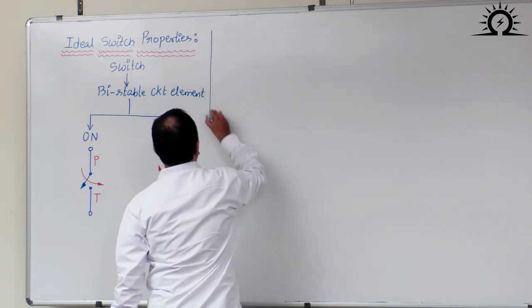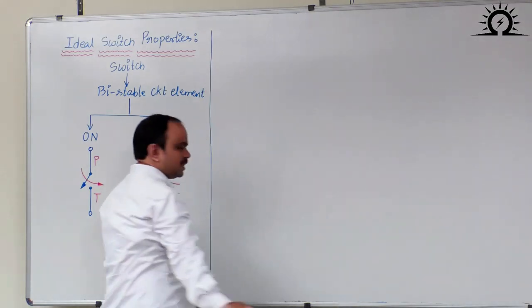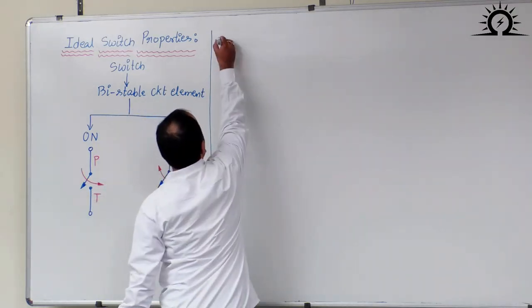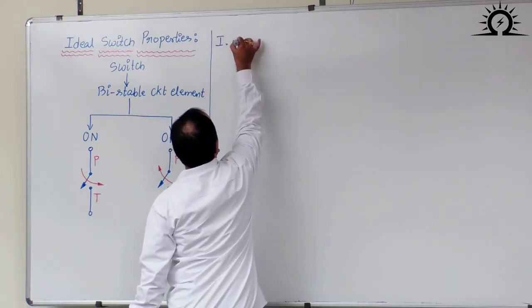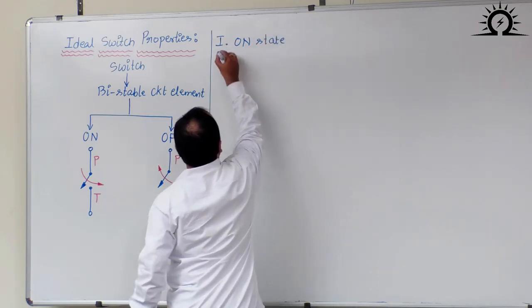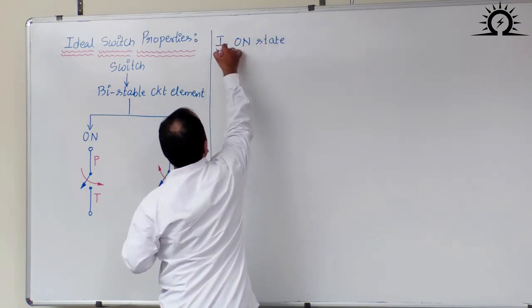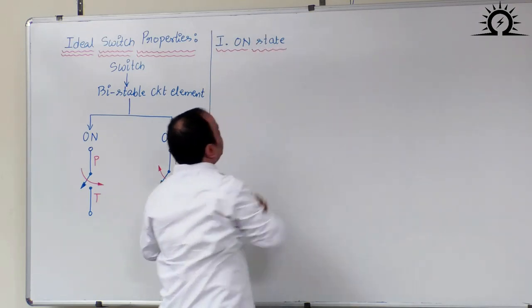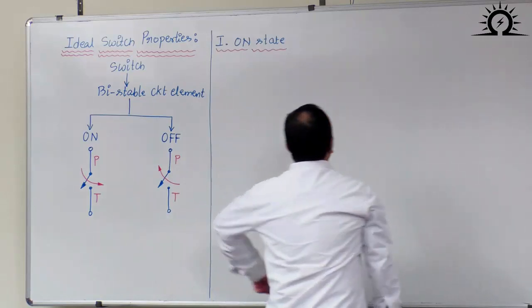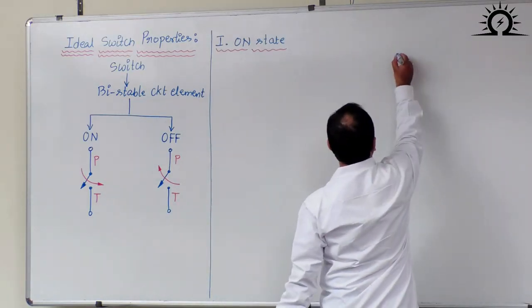Now let us look into the on state property of the switch. In order to understand the on state property of the switch, let us take one example.